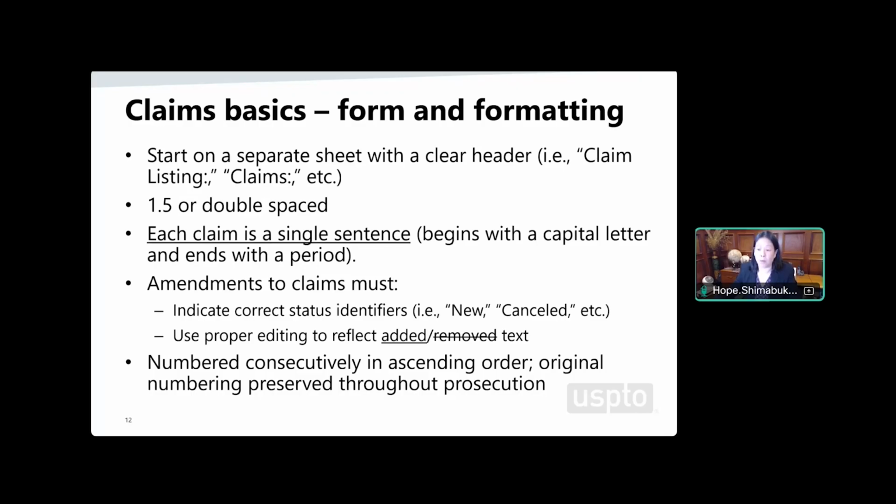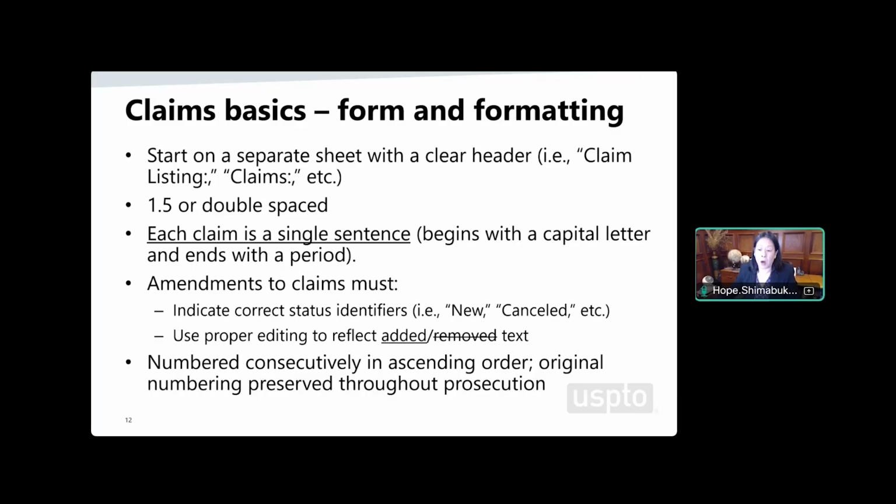But what you can't do is first cancel claims 1, 2, and 3, and then add new claims as 1, 2, and 3 to claim your invention. Once canceled, claims 1, 2, and 3 no longer exist at all for the entire period of prosecution, or the period as you are trying to negotiate the patent application before the USPTO.